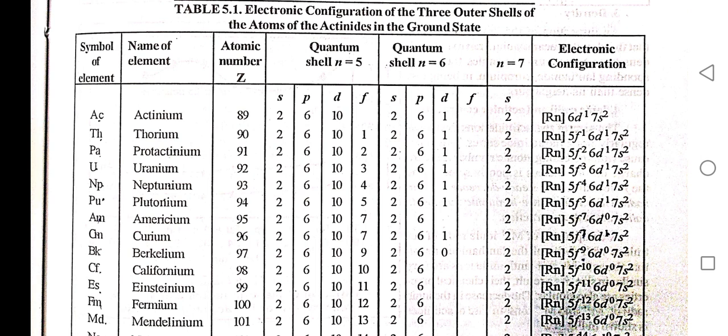Next, n is equal to 7. Electronic configuration is Rn 6d1 7s2. Thorium has electronic configuration 6d1 7s2.